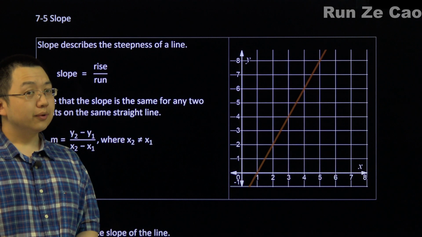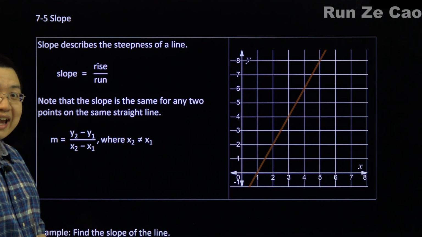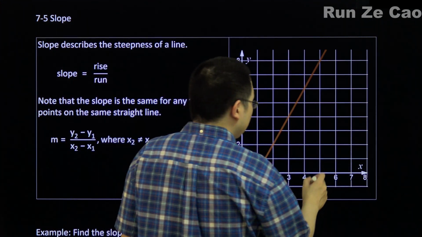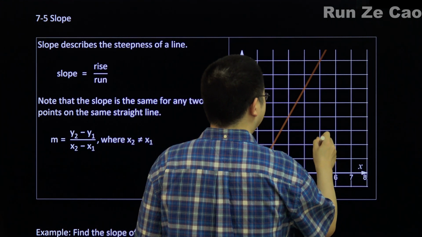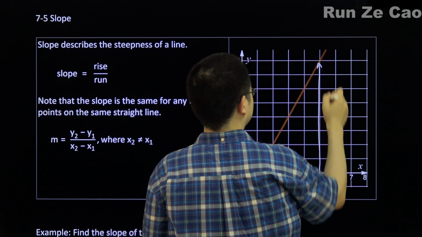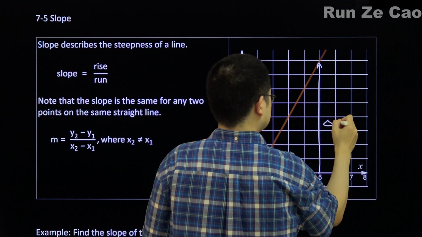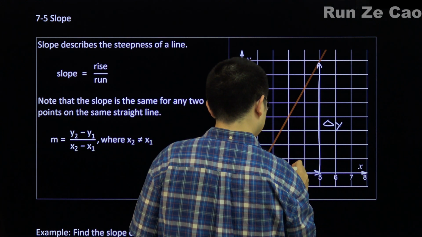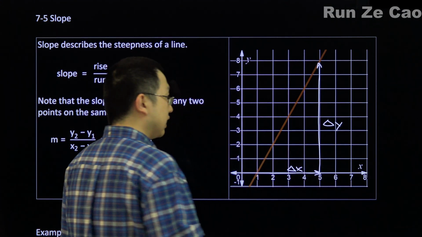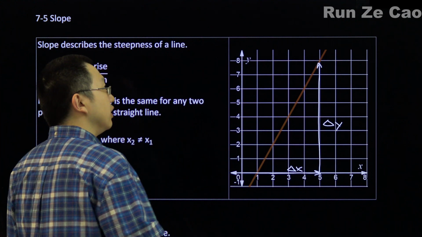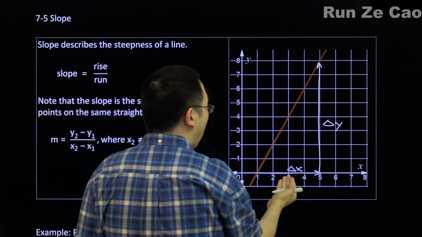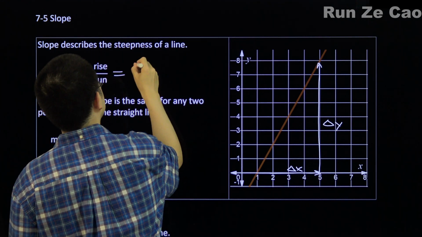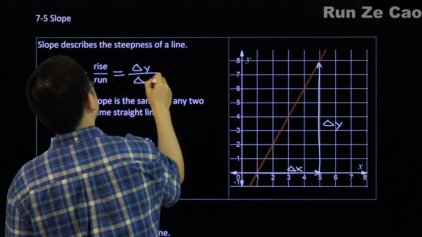The slope describes the steepness of a line. The slope is equal to the rise, which is the change in y, divided by the change in x. So it is the change in y per one change in x, over delta x.